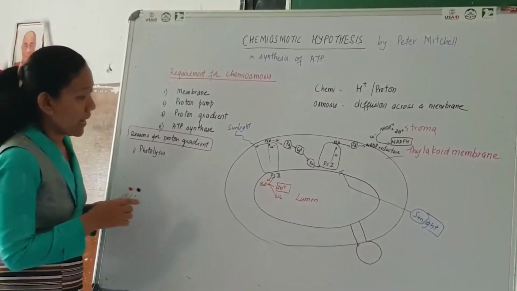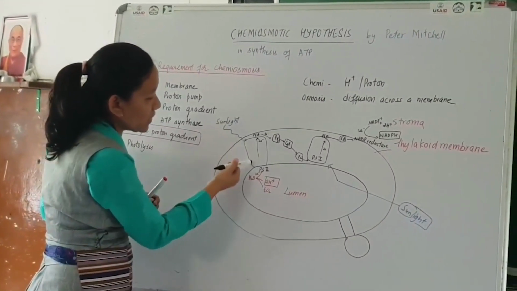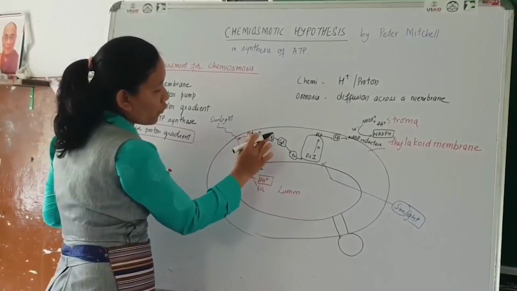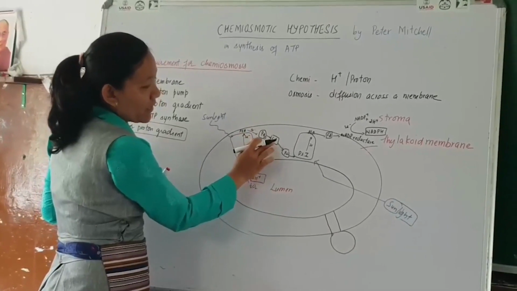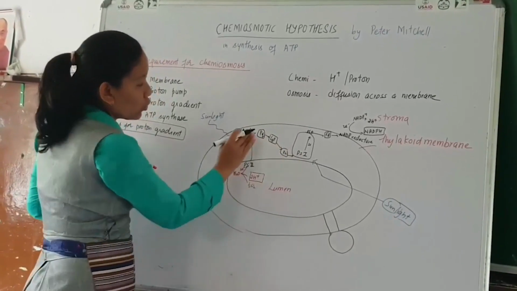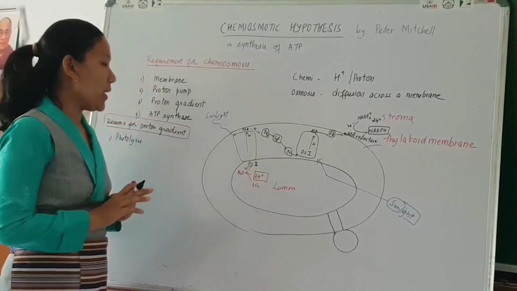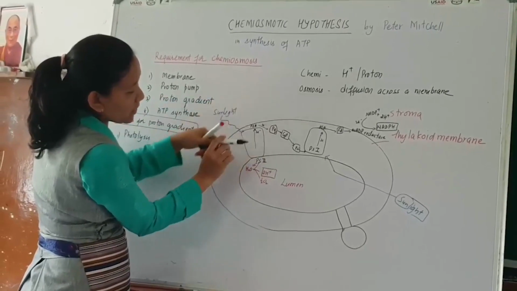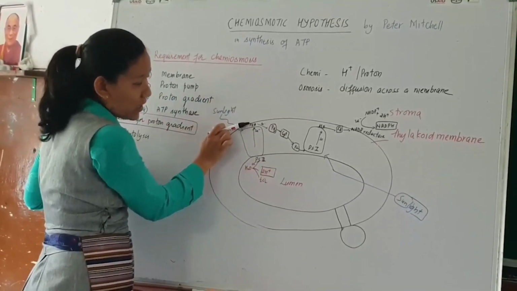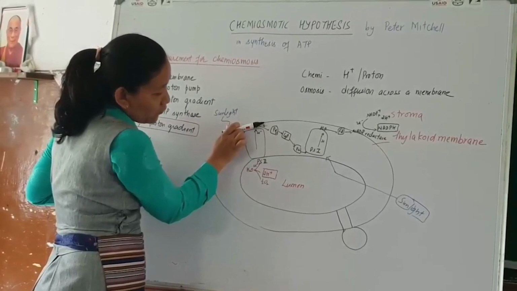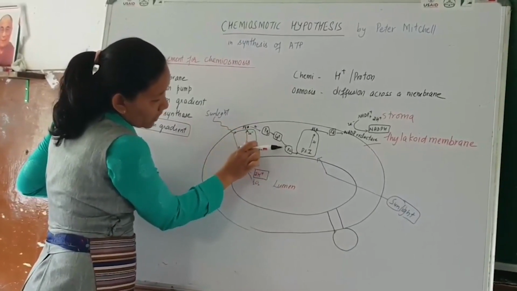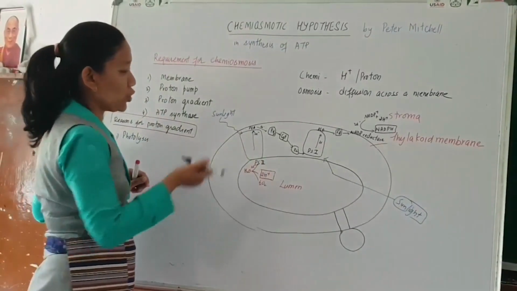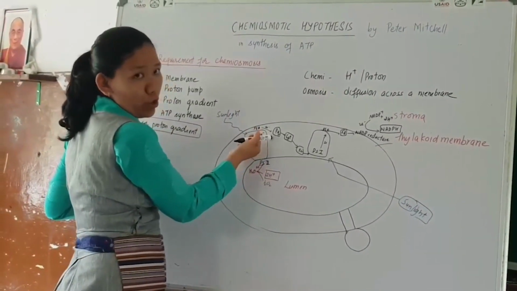And second one is, as you can see, when they get solar energy, they get excited, lose a pair of electrons, and these electrons are passed on from one electron carrier to the next, and then to PS1. So these electron carriers, as discussed here, down here, release some energy, and that energy is utilized by plastoquinone.